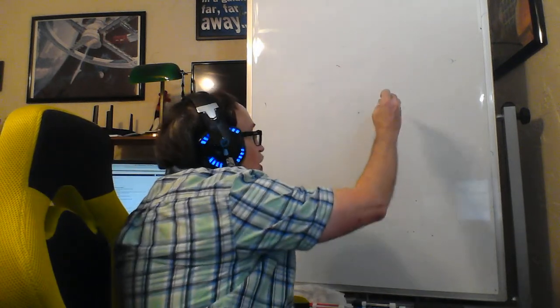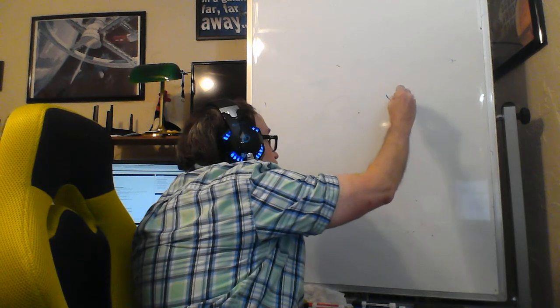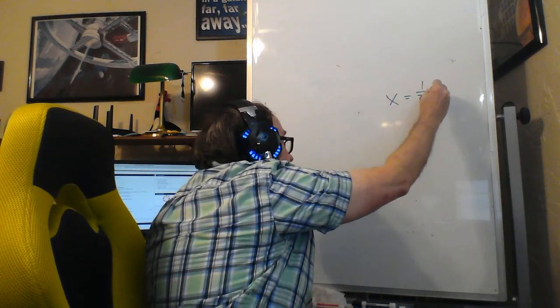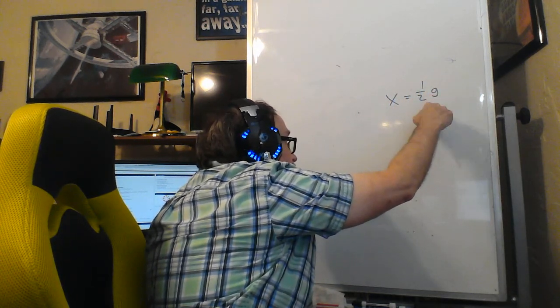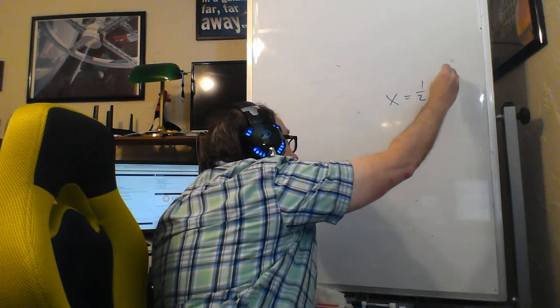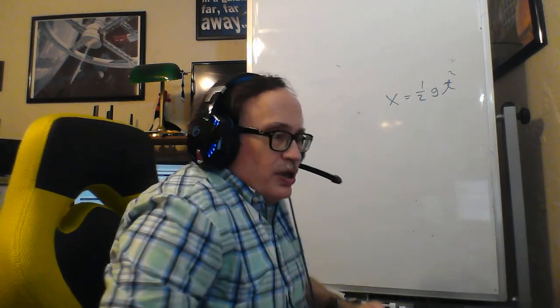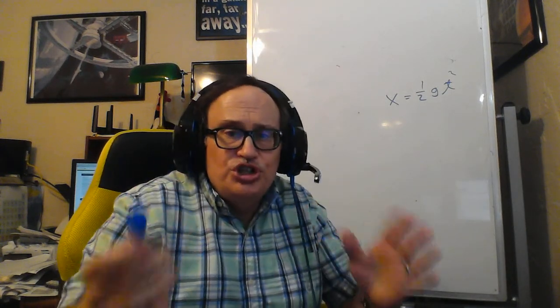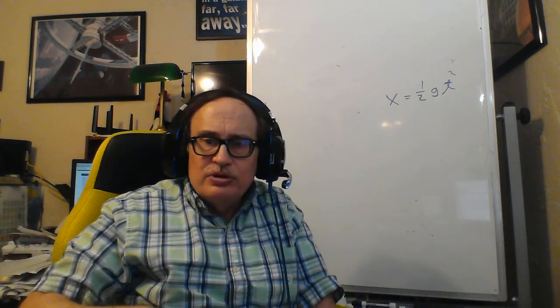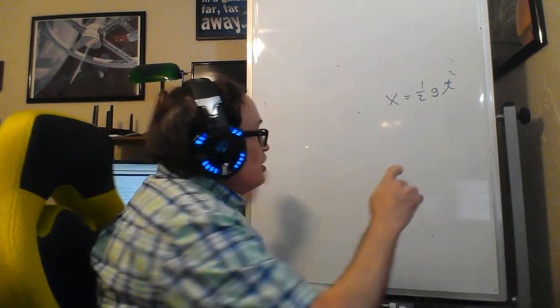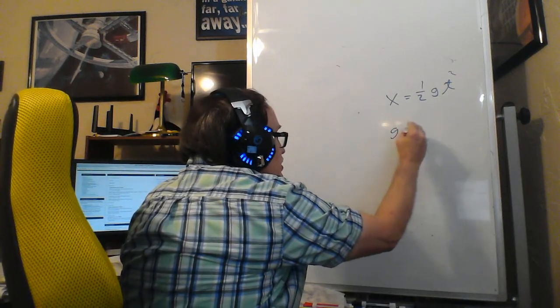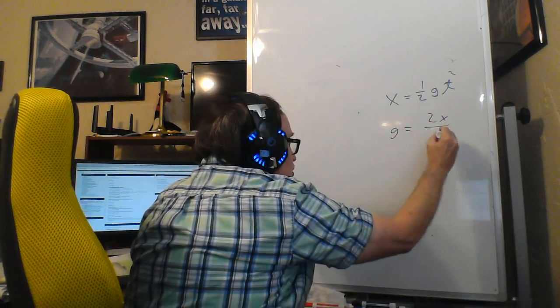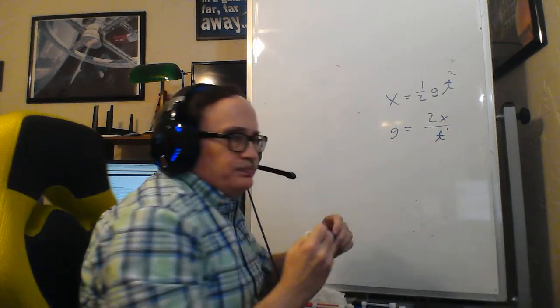The distance that it falls is 1/2 times the acceleration due to gravity times time squared. If I ask you to measure g, what do you do? Most students take something, drop it, measure how long it takes, and say, okay, g is going to be 2x over t squared.